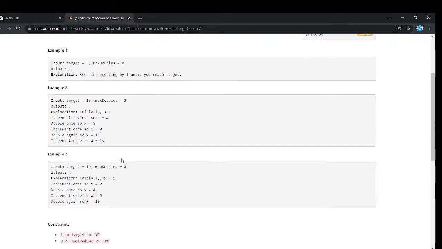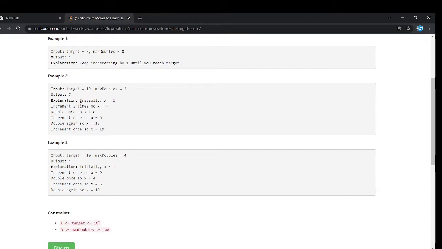But if you see the second example, we can actually use 3 times the increment operation, so the overall answer will go to 4. Then we can double that 4 to reach 8, so overall steps will be 3 plus 1, 4, and now increment it and get it to 9, so it will be 5.